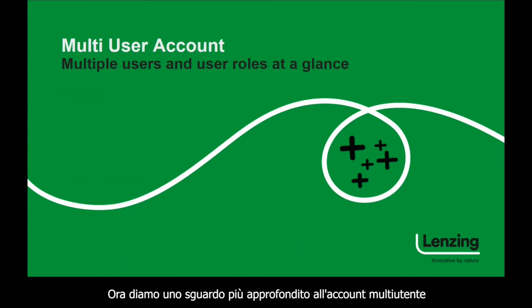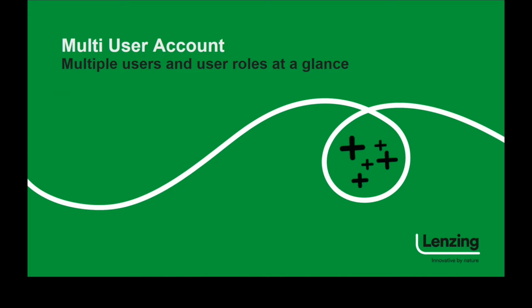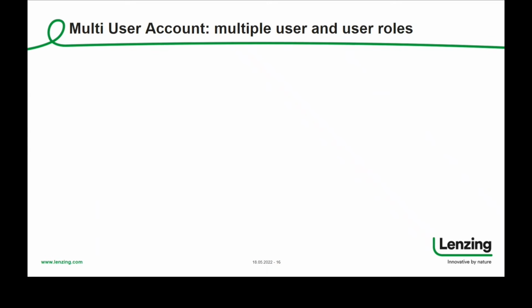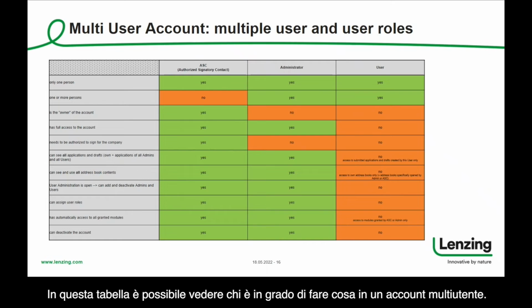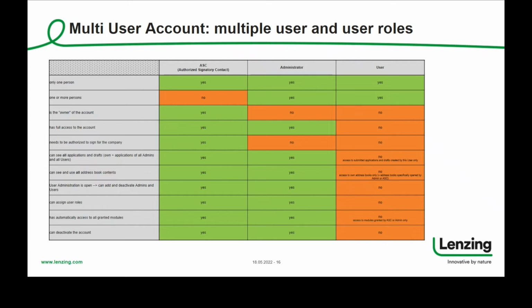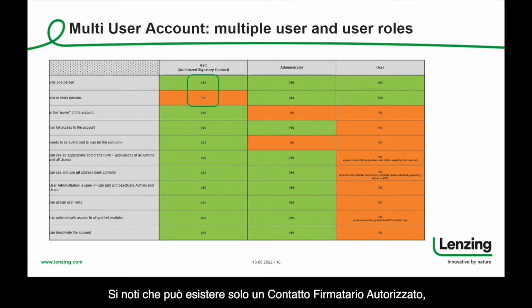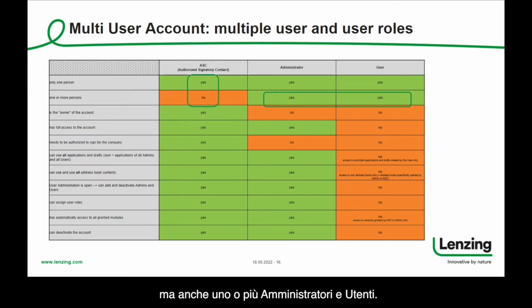Now let's take a deeper look into the multi-user account and the differences between multiple users and user roles. In this table, you can see who is able and allowed to do what in a multi-user account. Please note that there can only be one authorized signatory contact, but one or more administrators and users.